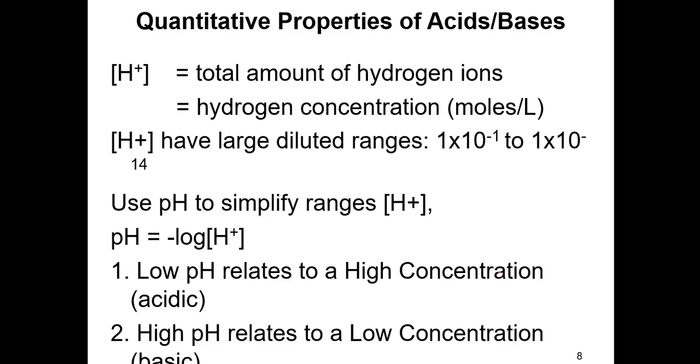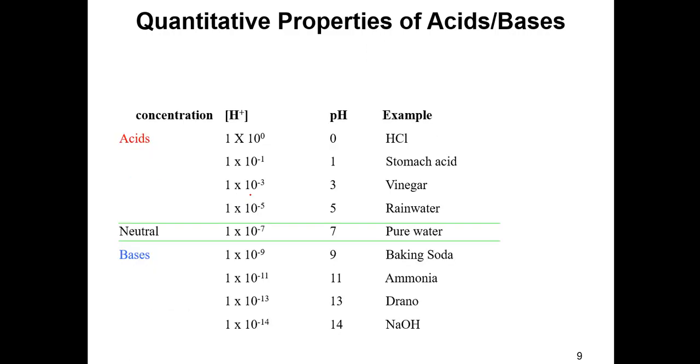Now we need a way of dealing with very large numbers and making them really, really small. So let's go ahead and show you this slide first. We need a way of quantifying the amount of hydroniums and hydroxides in a solution.